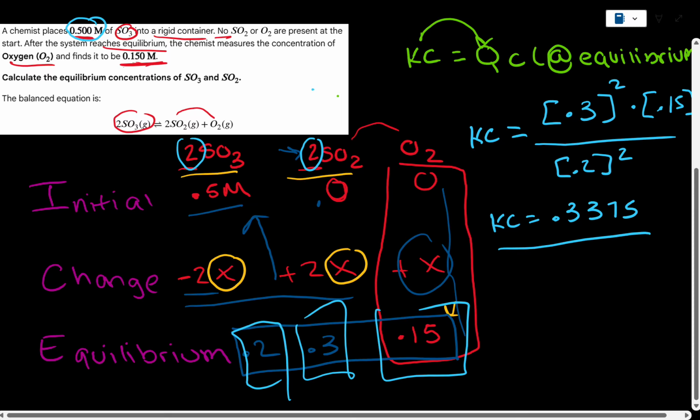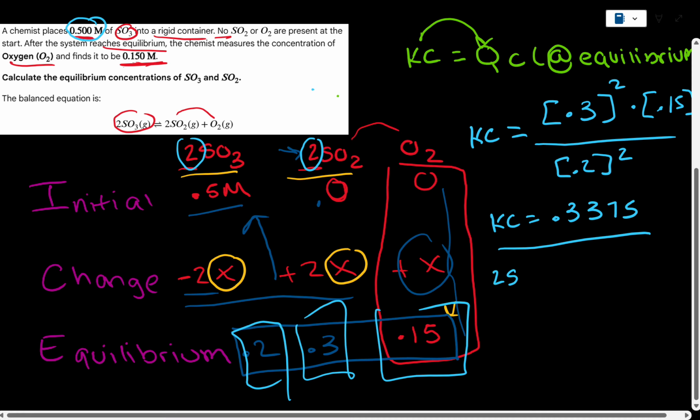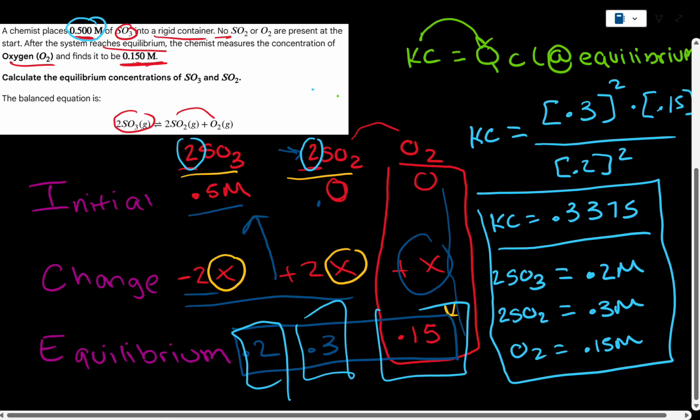So this is our constant. And 2SO3 at equilibrium is going to equal 0.2 M. 2SO2 at equilibrium is going to equal 0.3 M. And O2 at equilibrium is going to equal 0.15 M. And this is it. These are all of your answers right here.